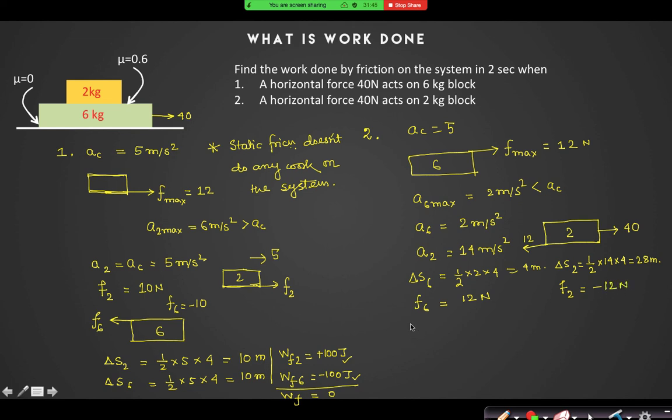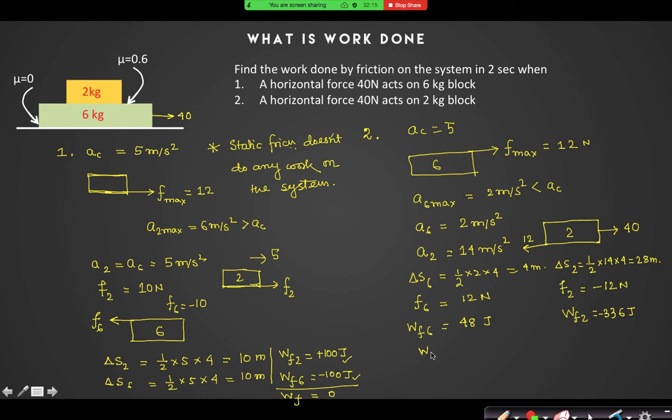So what is the work done by friction on the 6 kg block? 48 joules. And what is the work done by friction on the 2 kg block? 12 into 28, so that is minus 336 joule.